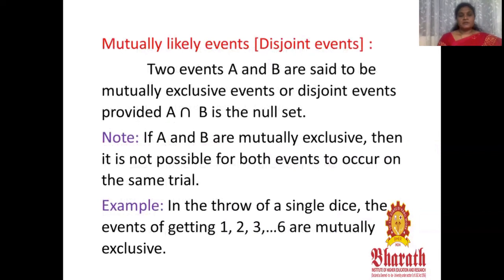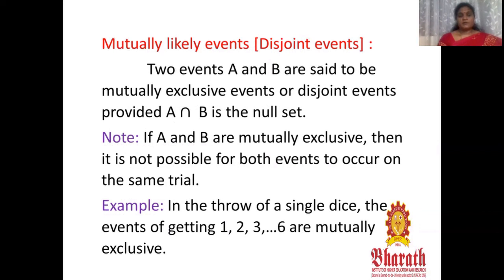Mutually exclusive events or disjoint events. Two events A and B are said to be mutually exclusive events or disjoint events provided A intersection B is the null set.